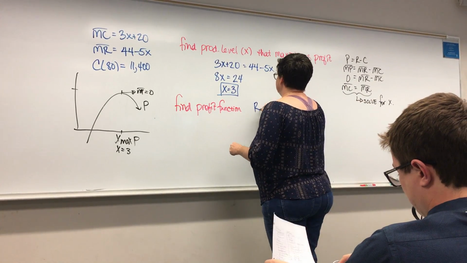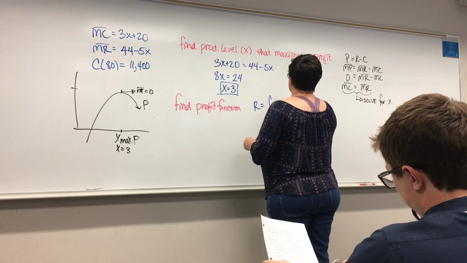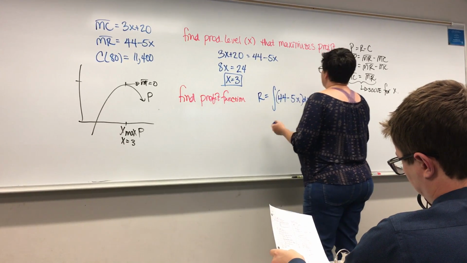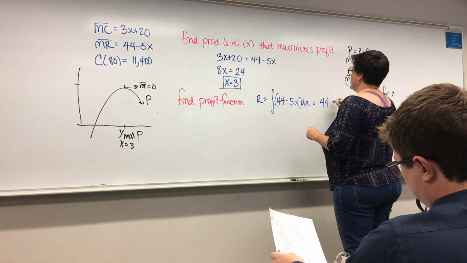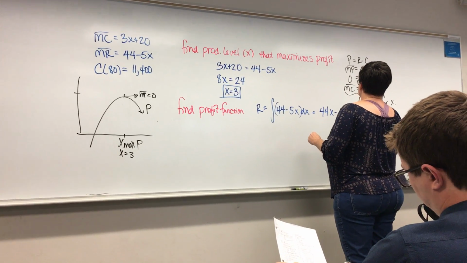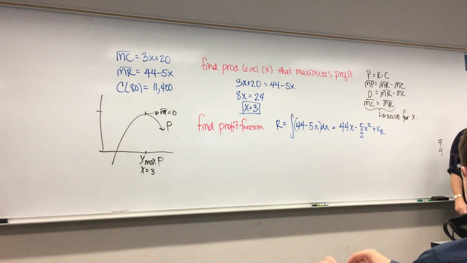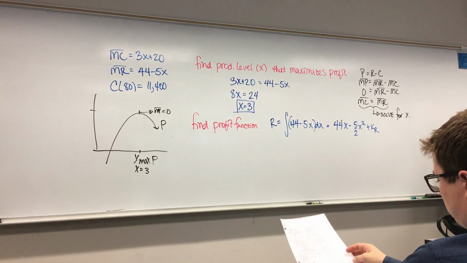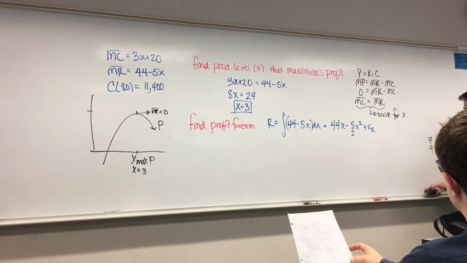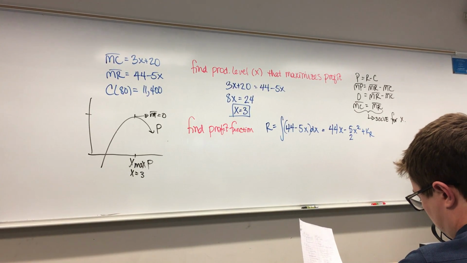So let's start with revenue. Revenue is the integral of marginal revenue. Is this gonna be integral 1, 2, 3, or 4? 1. So that's 44x minus 5 halves x squared plus k sub r. And how do I use my nugget? You plug in 0.